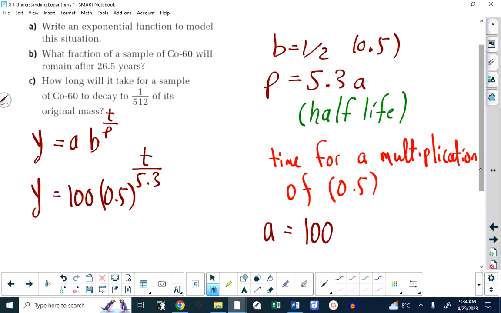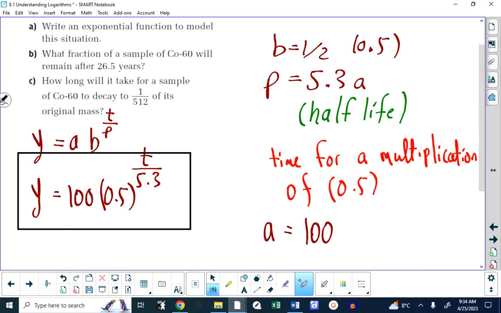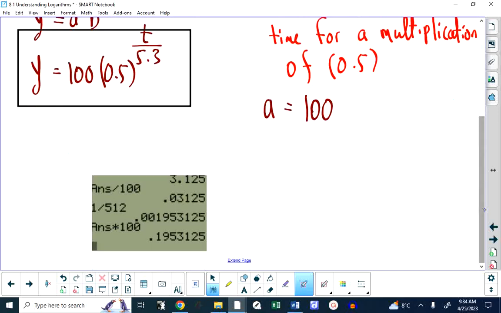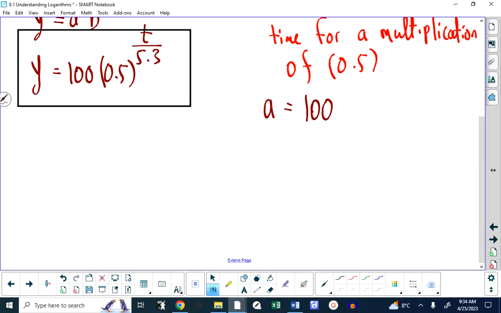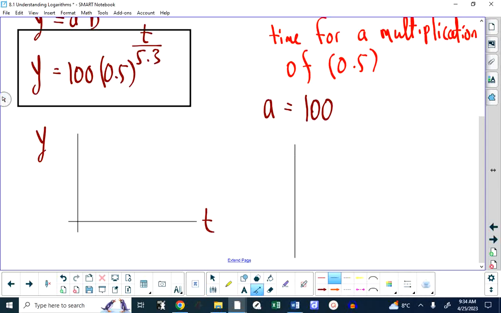So this is our equation relating the amount of cobalt-60 left to the time. Another way to put that is this is the equation relating the time elapsed to the amount of cobalt.